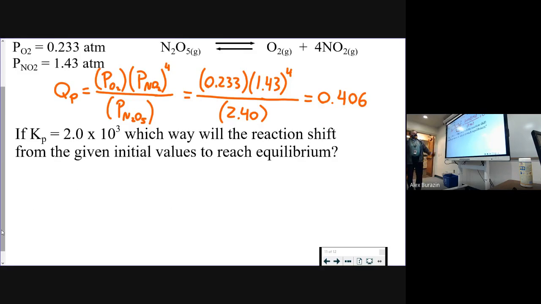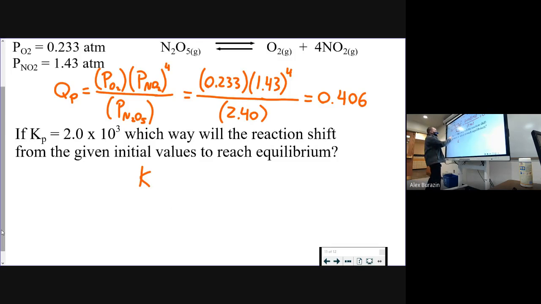Now, this is Q. That's K. We make a comparison. This is where the reaction currently is. This is where the reaction is going to go. Remember, reactions will reach or approach equilibrium. So, if I make a comparison, I'm going to do it in alphabetical order to make my life easier and keep the thinking to a minimum.